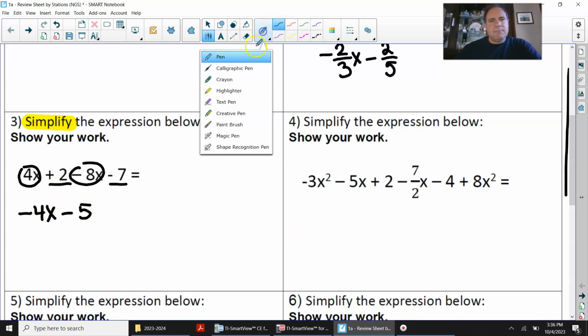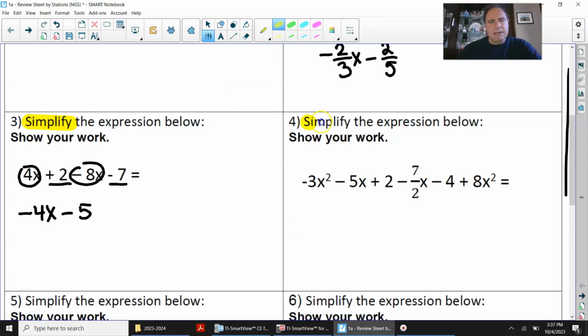When we're talking about simplifying this, again, simplify, a lot of students had trouble with this, but just remember a like term has the same variable, same letter, and exponent. So when you're taking a look at the left-hand side here, this is negative 3x squared.